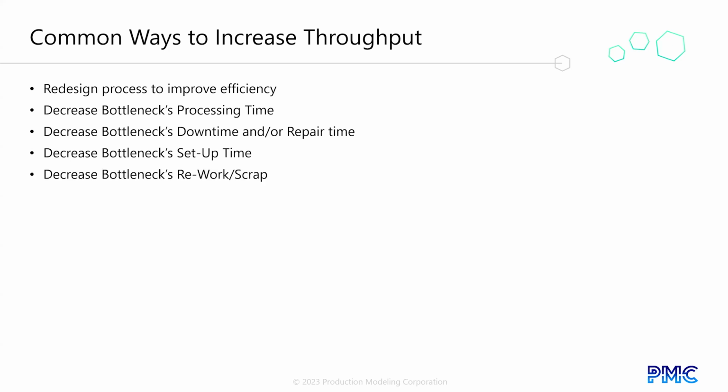If the bottleneck has a high rework and/or scrap rate, you can look into decreasing those by purchasing more reliable equipment, switching from a manual to an automatic operation, or perhaps changing your process. If the bottleneck cannot be improved enough and space permits, adding a second parallel station might do the trick.